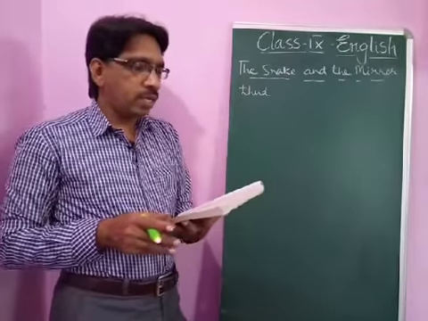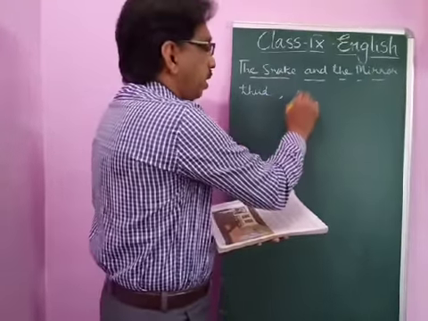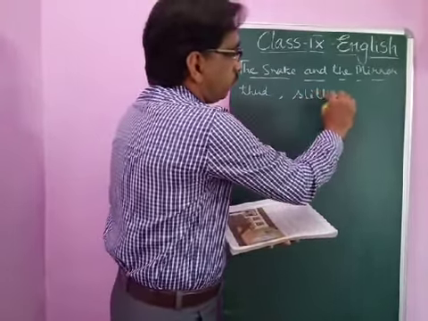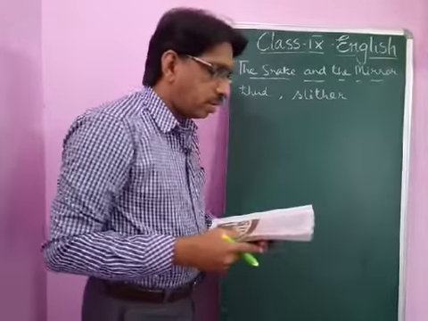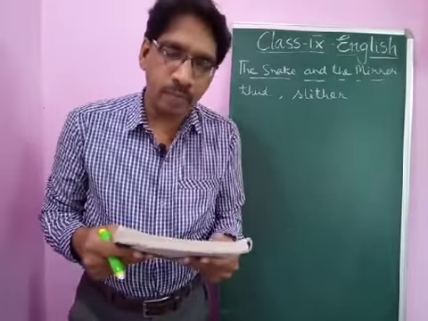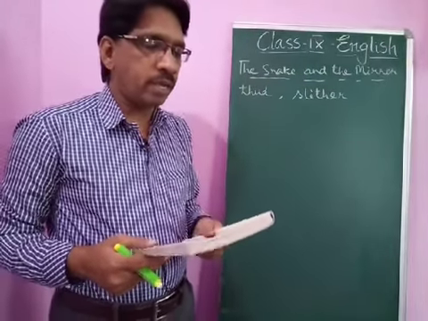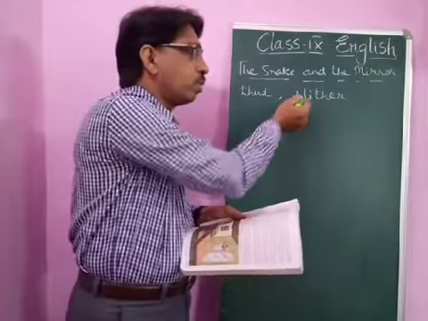"The snake slithered along my shoulder and coiled around my left arm above the elbow." Another word here is slither. Slither means moved or glided.